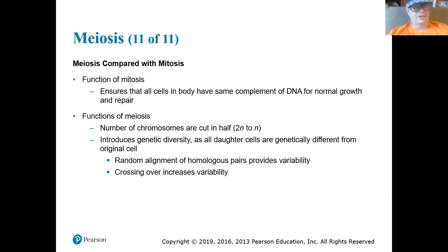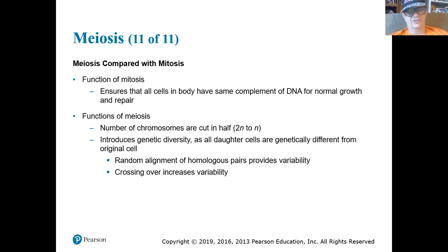All right. So mitosis gives us cells that have the normal amount of DNA for normal growth, normal repair, normal replacement of worn out cells. Meiosis gives us haploid cells, cells that have half the normal amount of chromosomes, and they're not all the same as what the parent had.